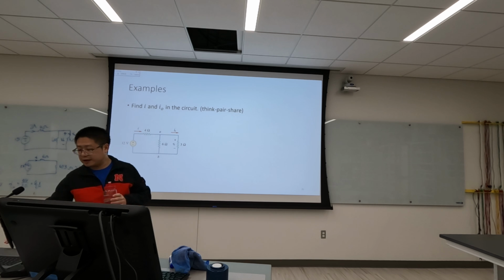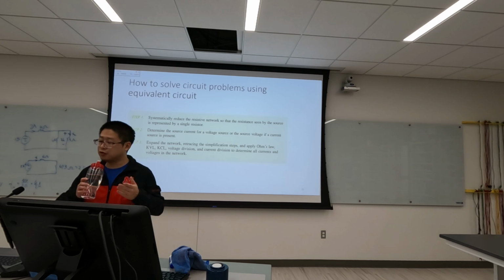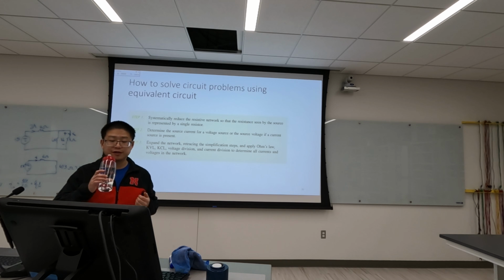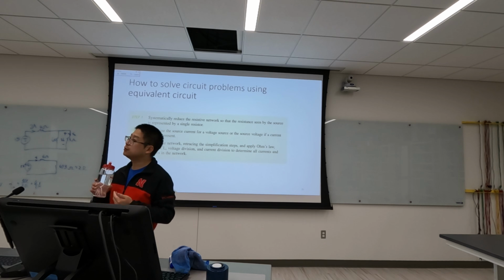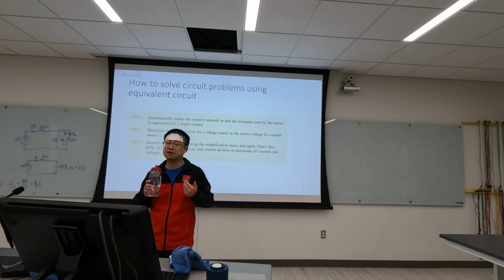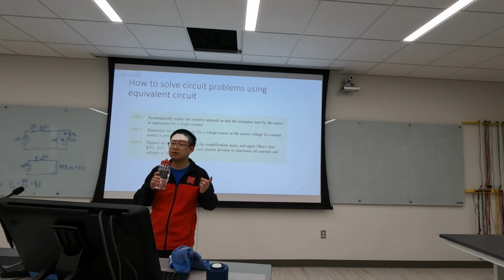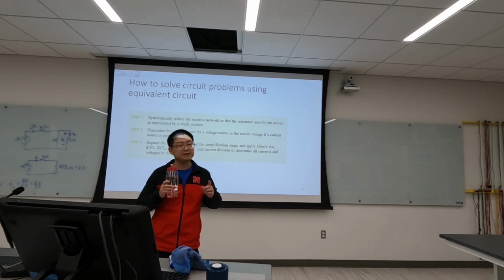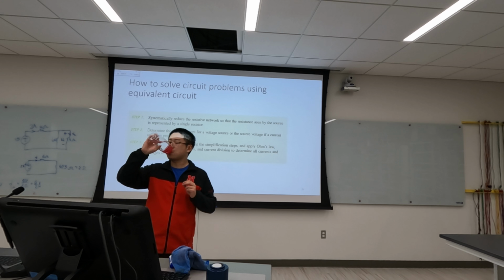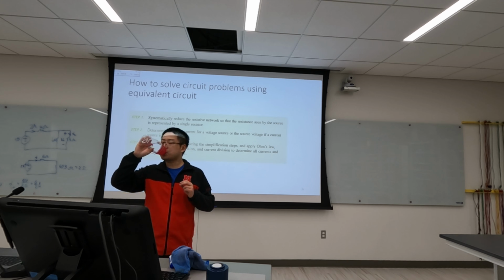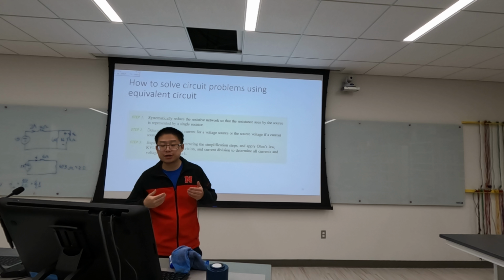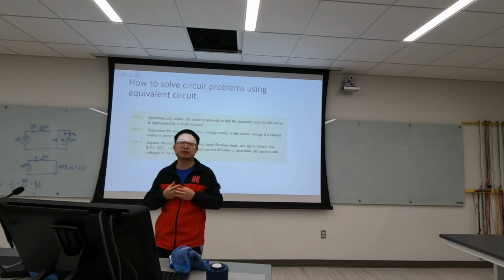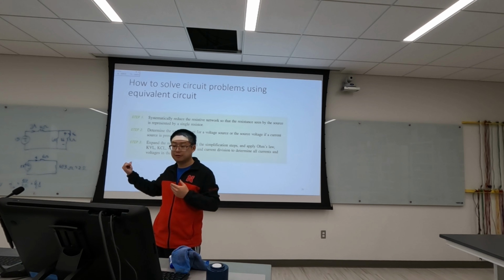So here we summarize the steps of how to solve circuit problems using an equivalent circuit. So first, we systematically reduce the resistive network so that the resistance seen by the source is represented by a single resistor. Next, we determine the source current for a voltage source, because here is the voltage source.